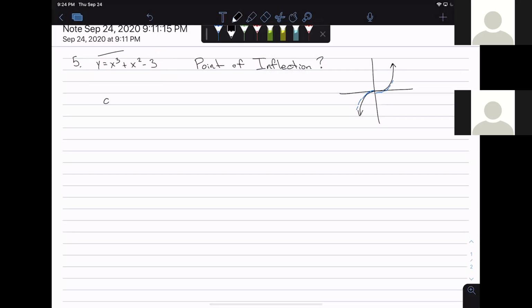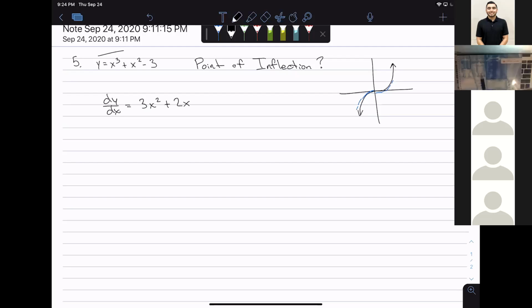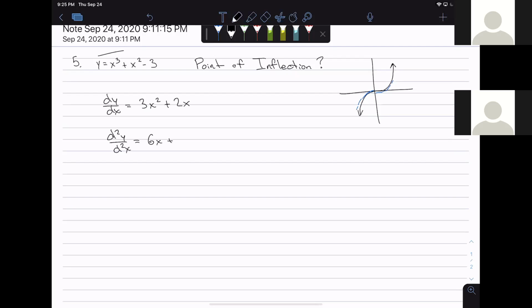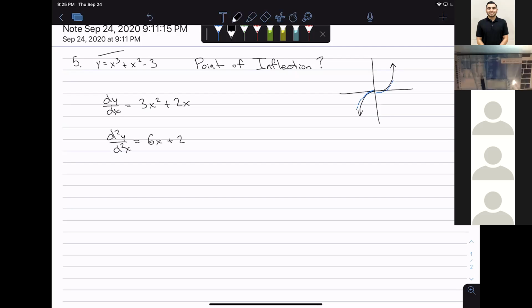Taking the derivative once, this is the first one. We got 3x squared plus 2x, okay? Take the derivative again. I don't even remember if that's how you write it, but we should end up with 6x plus 2.